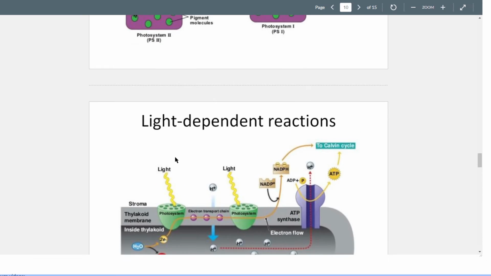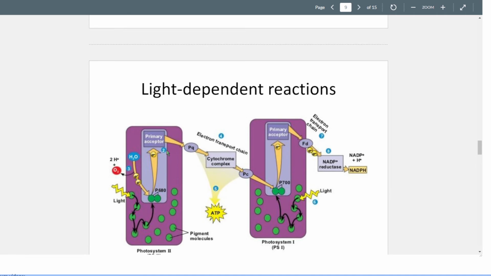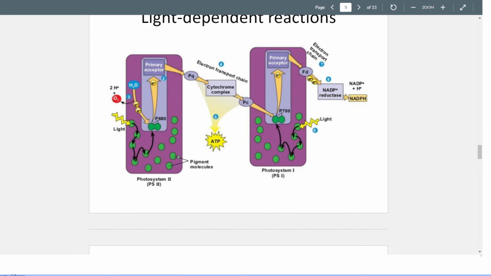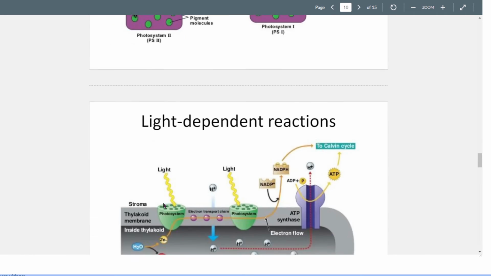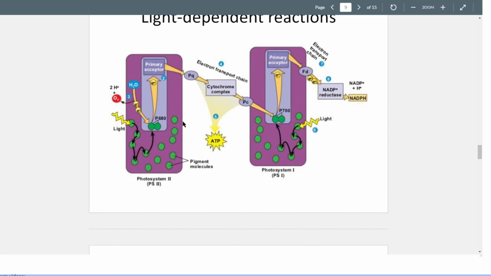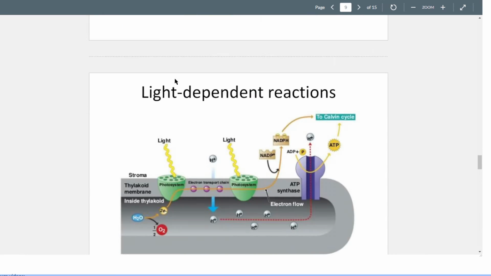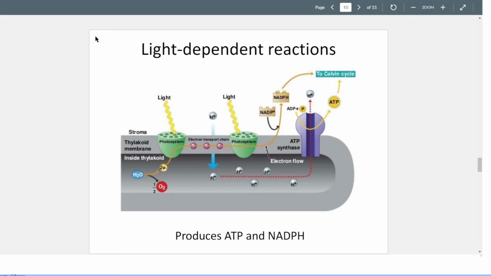The green half circles are representing, if we go back to 9, the purple. All the purple turns into this green half circle. So whatever happens here, we're just simplifying in this diagram to show that light hits, 2 electrons get out, and we get O2.